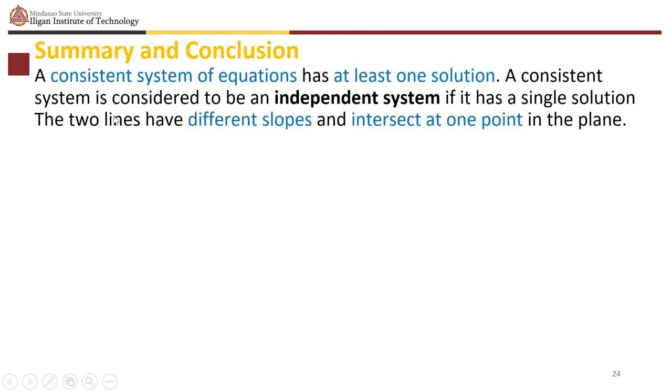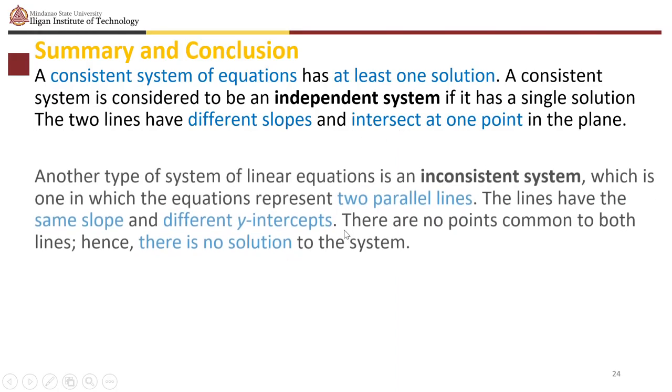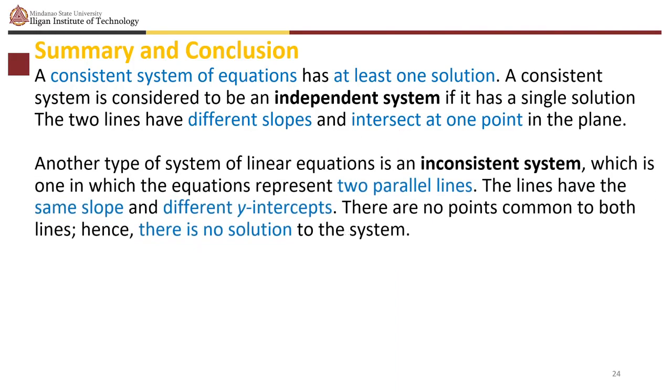So again, a consistent system of equations has at least one solution. It is called an independent system if it has a single solution and the two lines have different slopes and intersect at one point in the plane. Another type is the inconsistent system, wherein we have two parallel lines, with the same slope and different y-intercepts, so there is no solution at all.